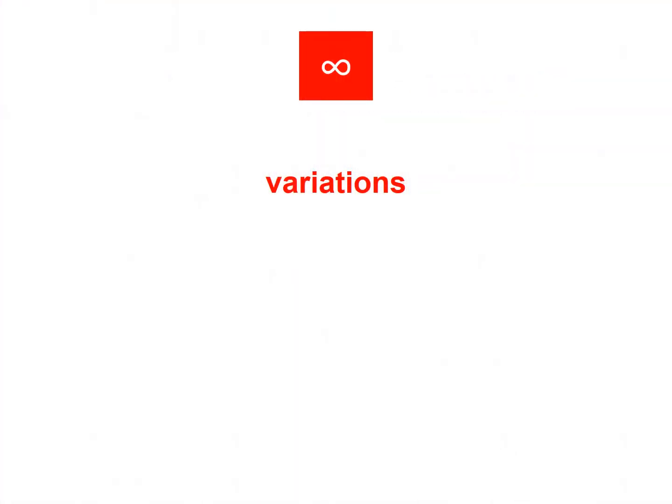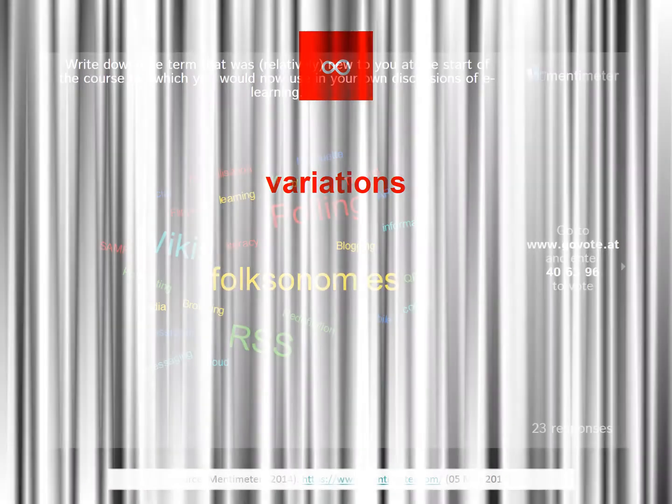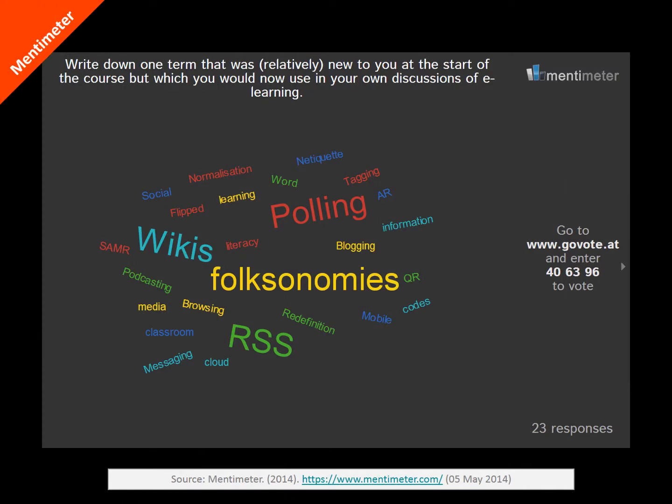Now let's have a look at some interesting variations on the kinds of polling approaches we've been talking about. Mentimeter is a service which combines the idea of polling with the idea of a word cloud. Once again, much as in the quick survey that you saw earlier, I've asked a group of students who've completed an e-learning course to name one word or expression they came across during the course and would now use to talk about the general area of e-learning.